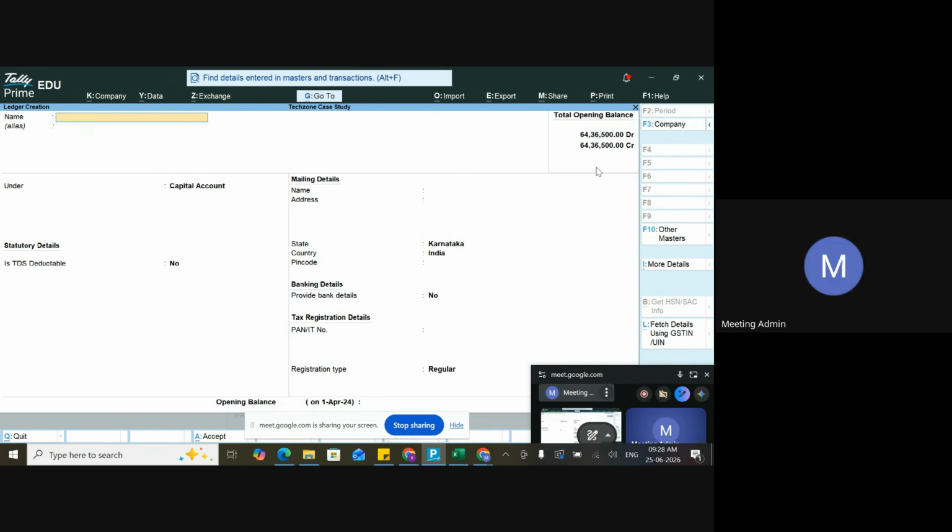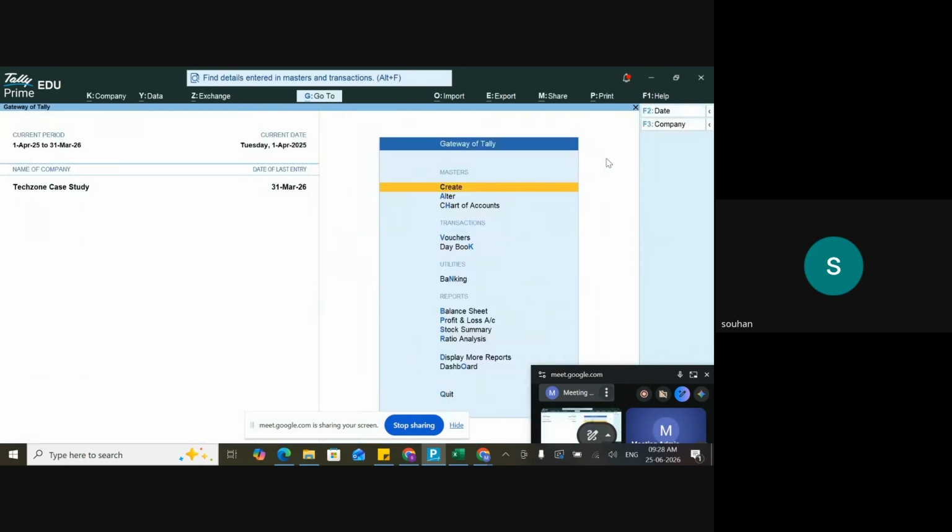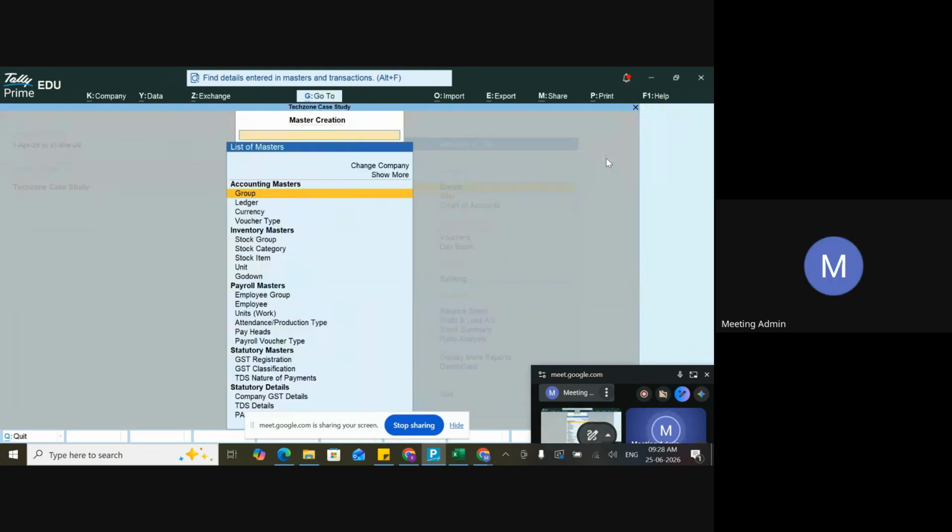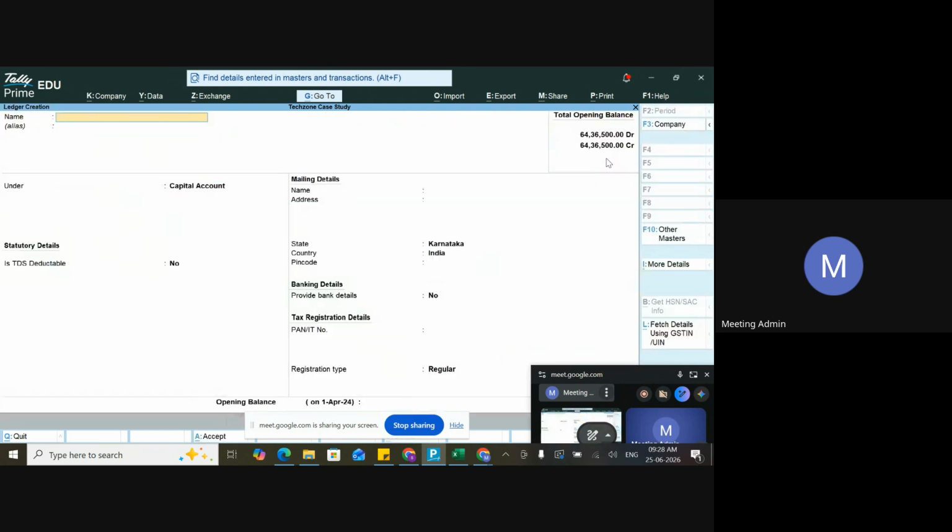So please tell me. It is coming 65 lakh to you. Soham, Abdul, you are getting 65 lakh on the debit side or credit side? Debit side. So 1 lakh is excess. Credit side same or different amount? Different one.